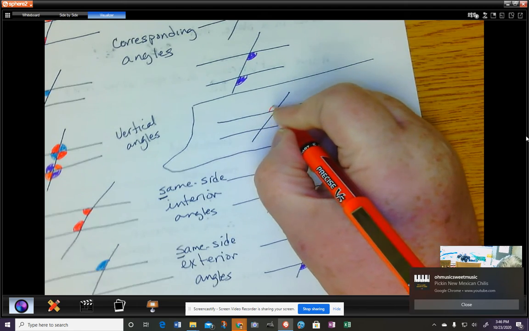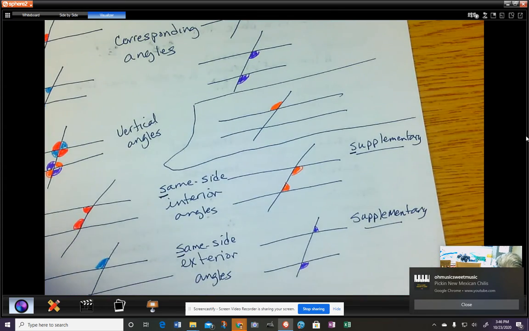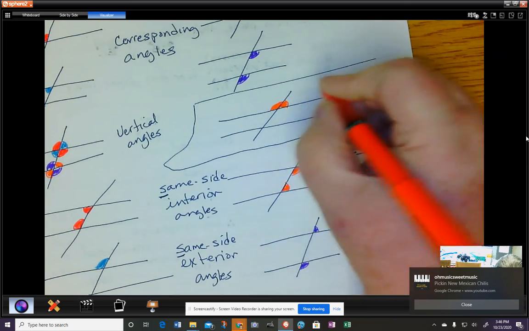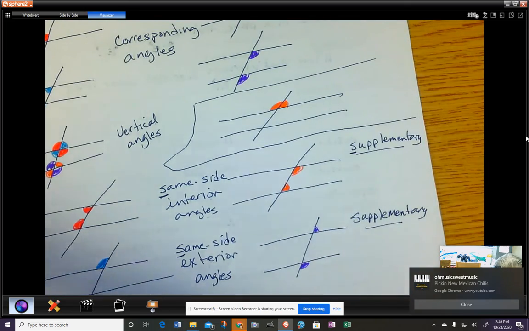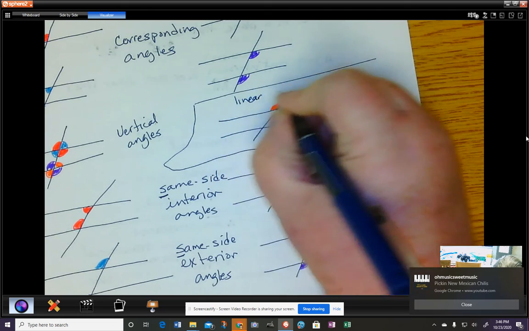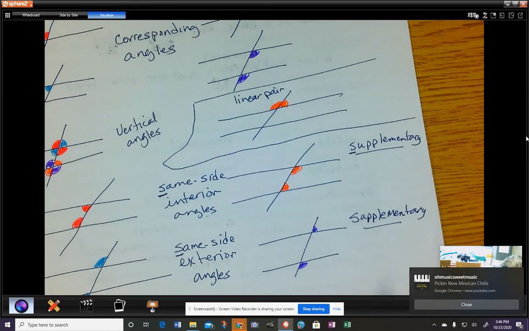There's another name, I can't think of what they are called, that starts with an S. So this angle and this angle are called a linear pair. Why are they called a linear pair? Well, they add up to a line.